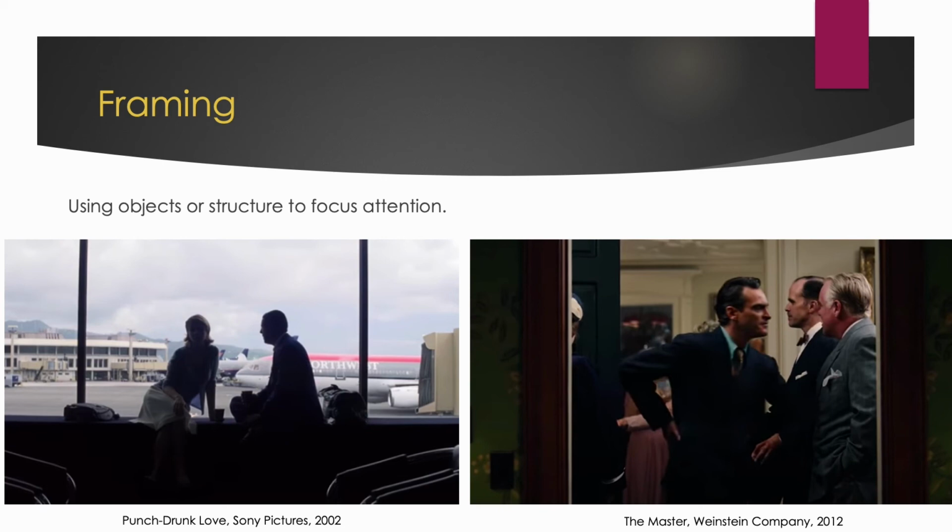Prior to Phoenix coming into the frame, it looked like a nice, pleasant conversation between 4 or 5 people. But as he moved in, other people moved out, and this tension was increased. And because of that doorway, we really are drawn to that interaction.